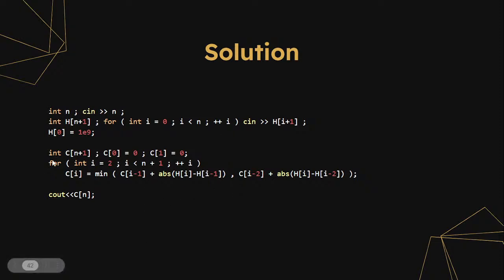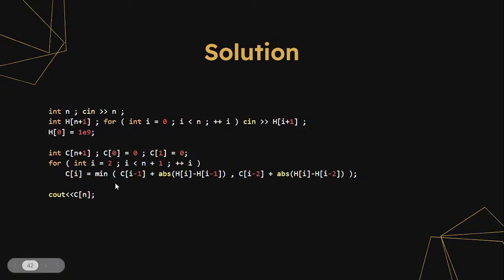I have added a new stone 0. The cost of reaching stone 1 is 0, and the cost of stone 0 is not important because it can never be the best answer, since the height difference will be huge. So this is irrelevant, we can put any value.